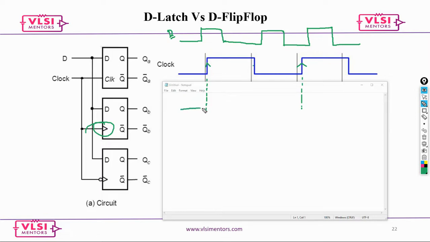Say you take this as it is: during this time it is logic 1, till here it is logic 1, and during this time it is logic 0. So it is going to drop and then continue. If you look only at the time of the clock edge, whatever the value is, that would be considered, nothing else.